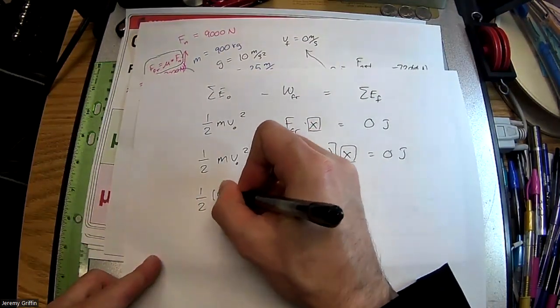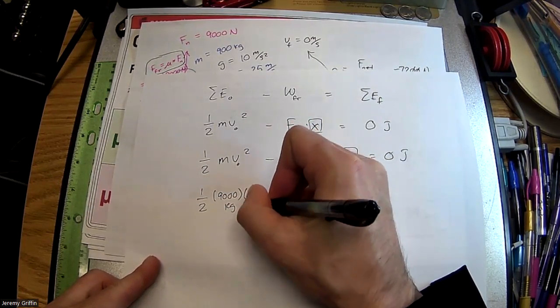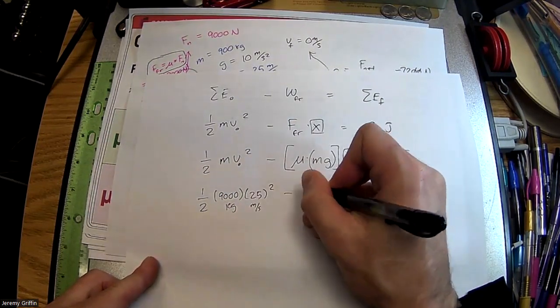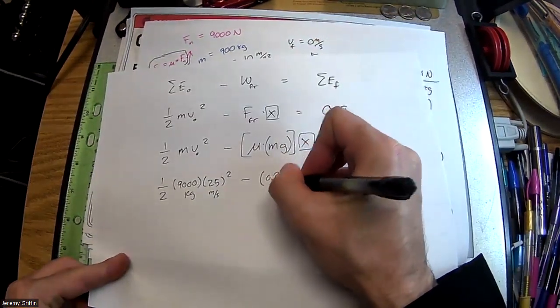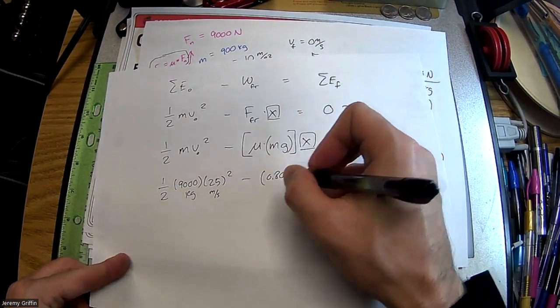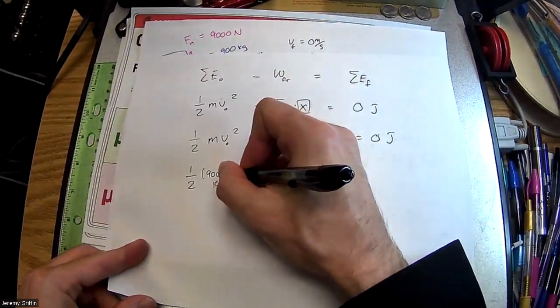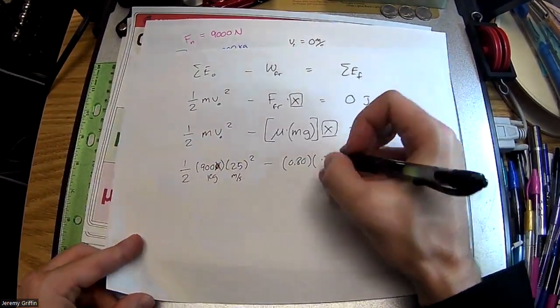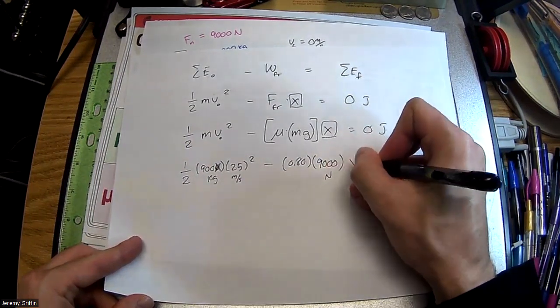Either way, 900 kilograms going 25 meters per second, squared, minus 0.80 times, oops, scratch that, 900 kilograms, so the mass of the car. 9,000 newtons weight, and then x.